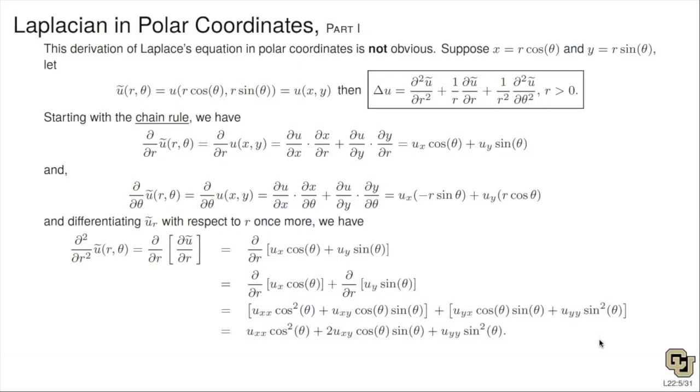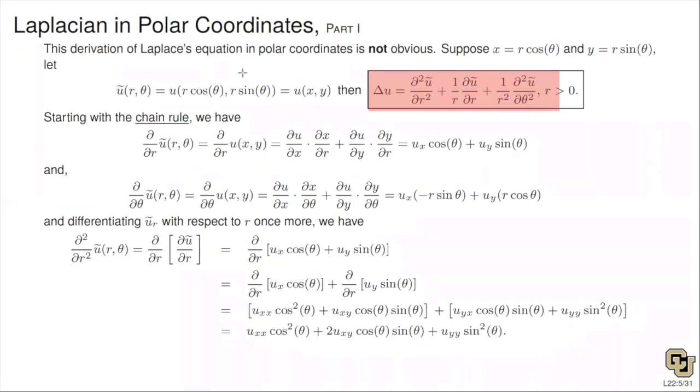So last time we talked about the Laplacian equation, Laplace u equals 0 in polar coordinates. And we had an unspoken agreement that we're going to accept that the Laplacian in polar coordinates looks like this, because we don't want to go through this chain rule again.